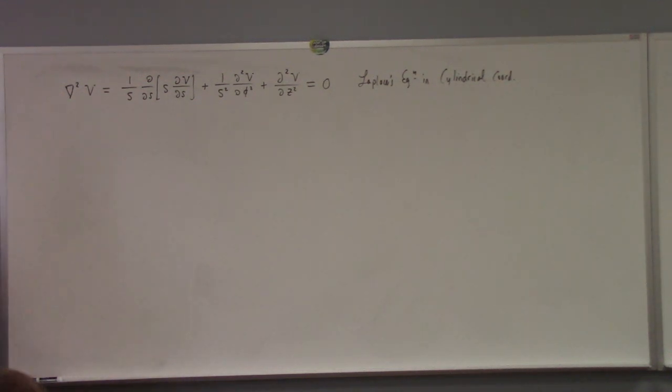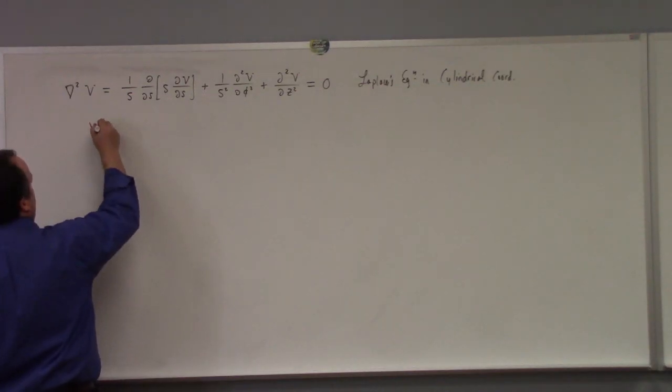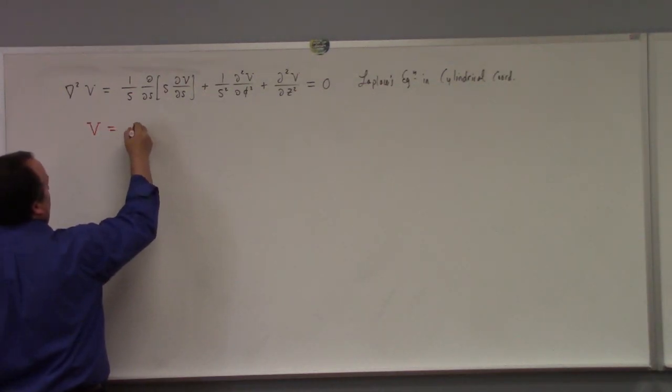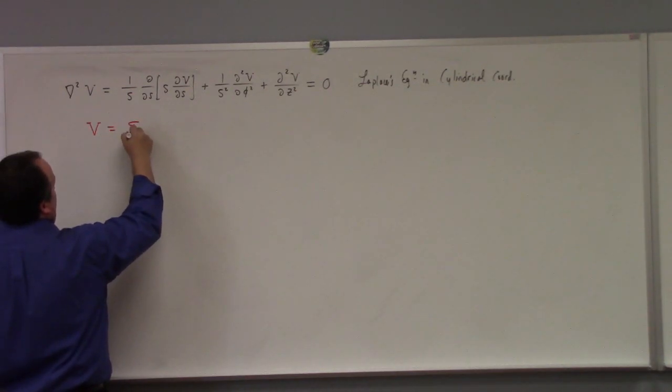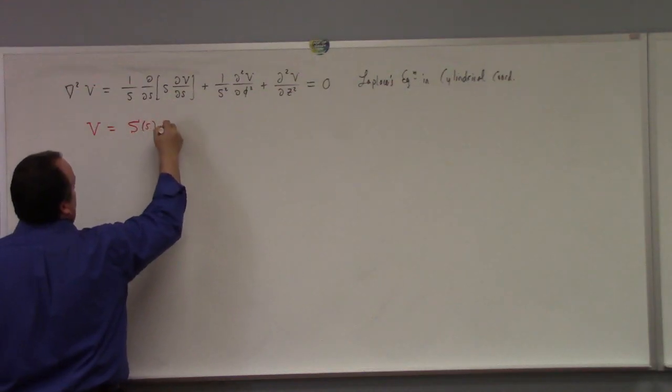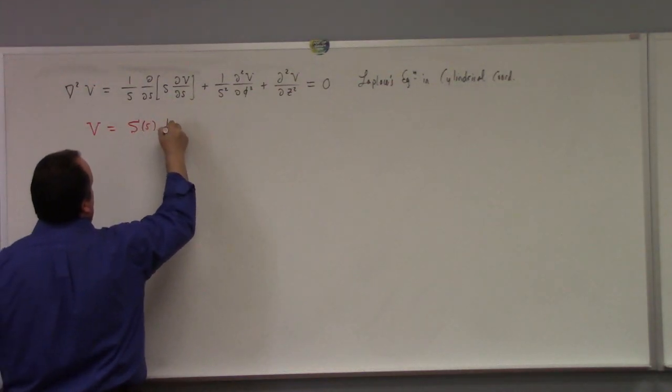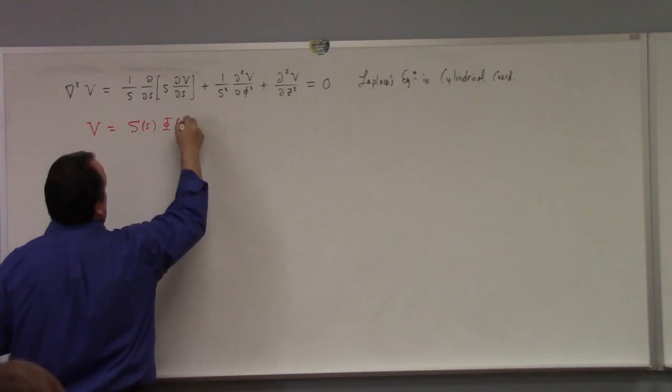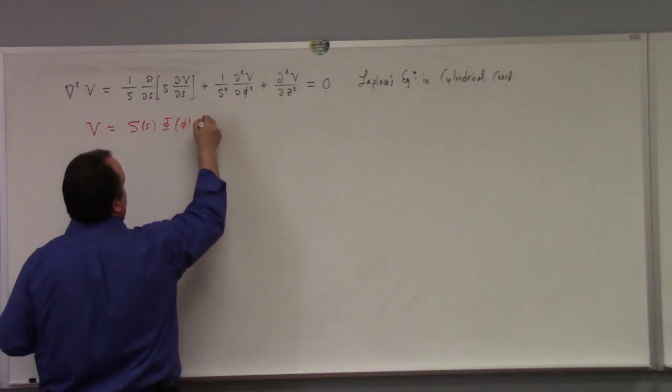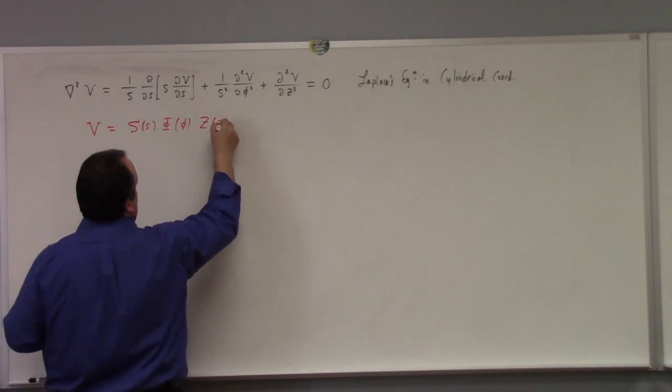We start out by just saying, my voltage potential is something like, S of s, I guess big Phi of phi, and big Z of z, right?